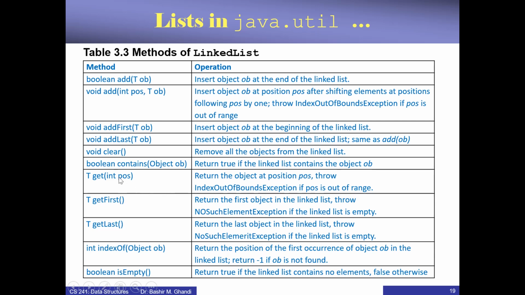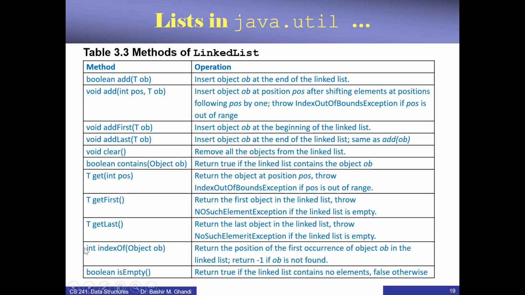So in fact, to have the equivalent of our find in the Java's linked list, we need to call two different methods. First, we have to call this index of method. The index of will take an object and return to you its index in the list.